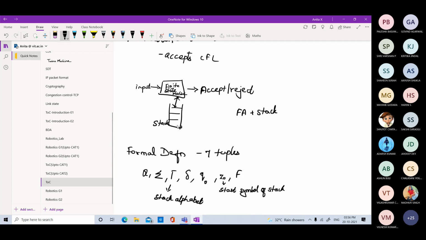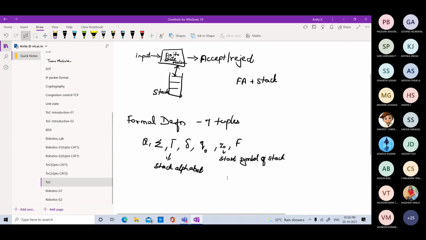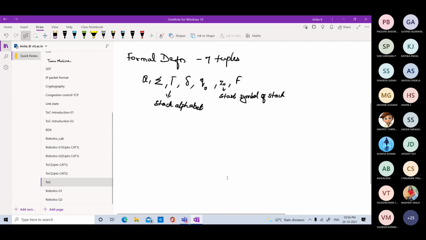So initially Z naught will be placed inside the stack, which will designate the bottom of the stack. Why we are using the stack will again be clear when we see the examples. Please make a note of all these 7 tuples. The only new things we come across are these two: tau represents the stack alphabet and Z naught represents the start element of the stack.